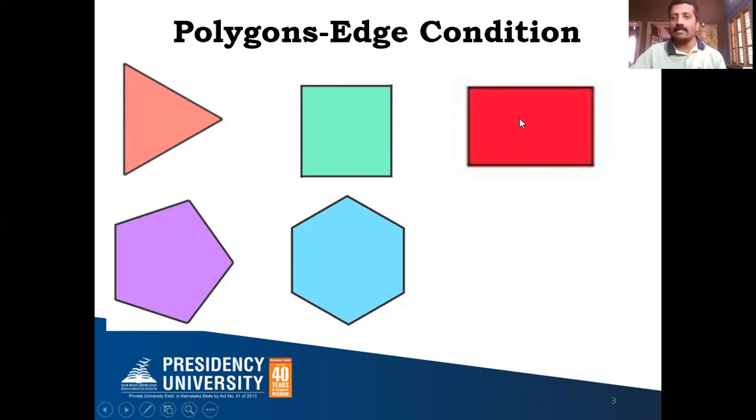A rectangle in the edge condition, here we can have two possibilities: either the rectangle is resting on the smaller edge or the longer edge. Here they have taken the example of the smaller edge, for example 20 by 40, resting on the smaller edge.